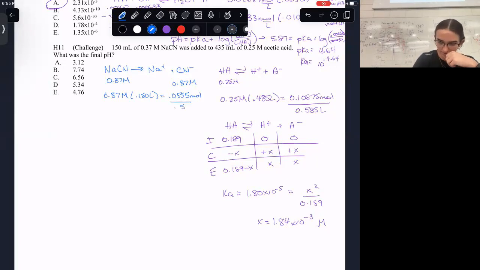Divide by 0.585 liters, and we get cyanide concentration is equal to 0.0949 molar. Questions so far? So now we have cyanide ion concentration and H plus ion concentration.